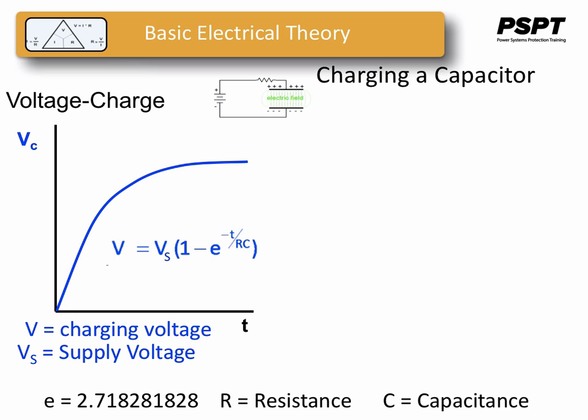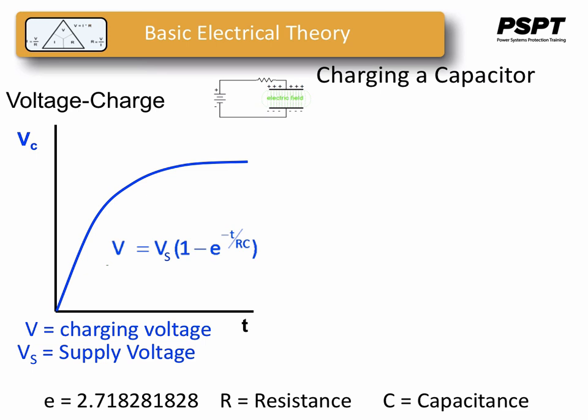R is the resistance of the circuit, C is the capacitance, and e is a well-known mathematical constant that fell out of the development of this formula. It's just a number, approximately 2.718281828, and it goes on forever, but that's a good enough approximation.